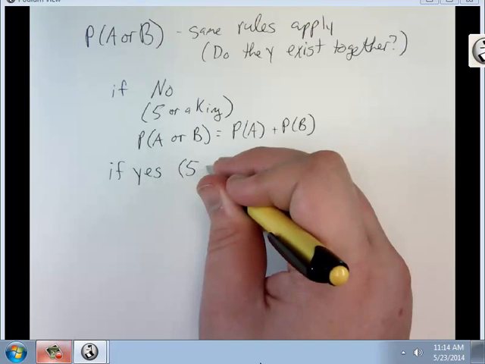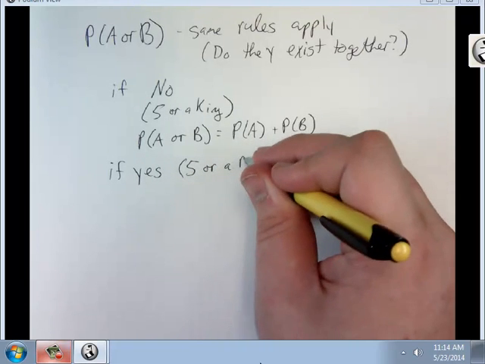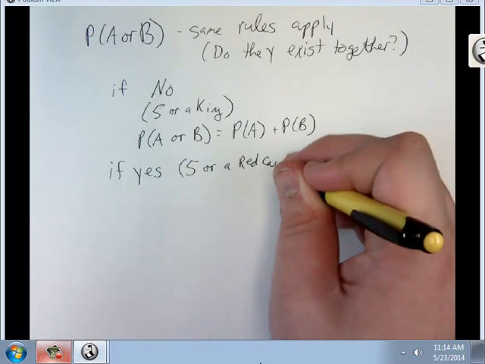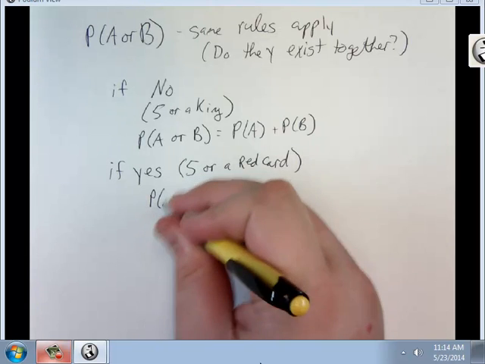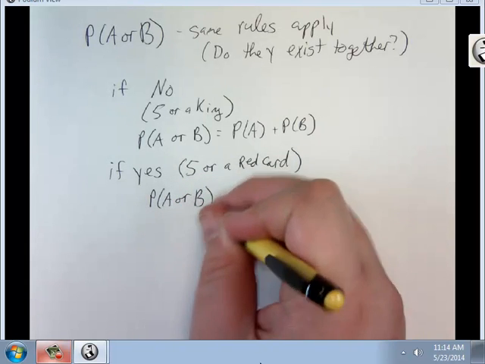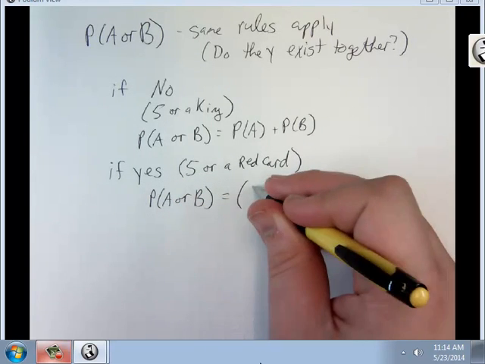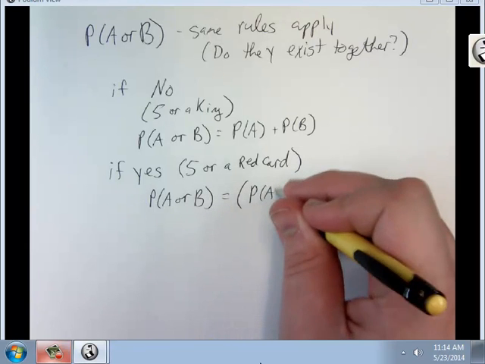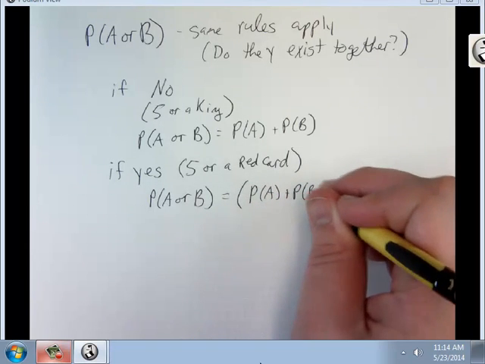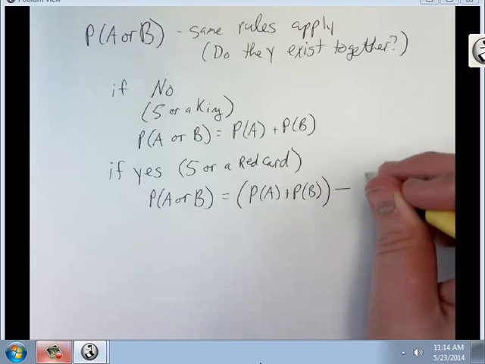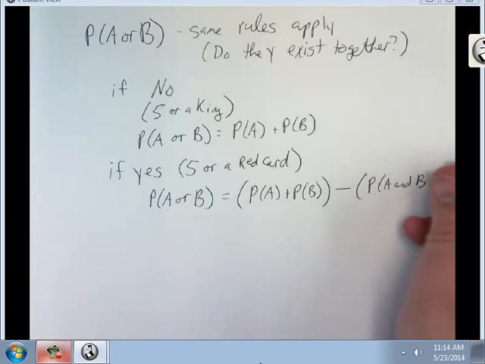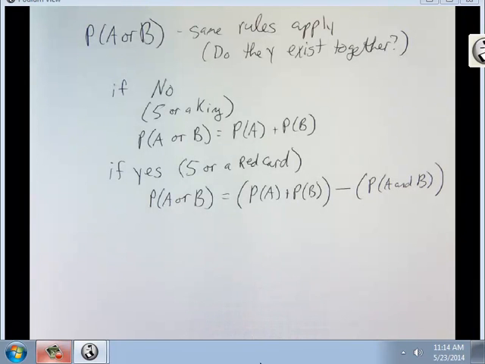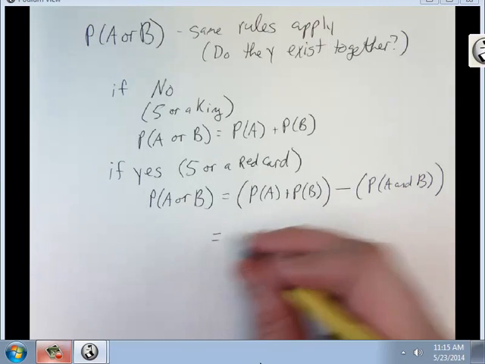a 5 or a red card, let's say, probability of A or B equals probability of A plus probability of B minus the probability of A and B. Let's take this example.